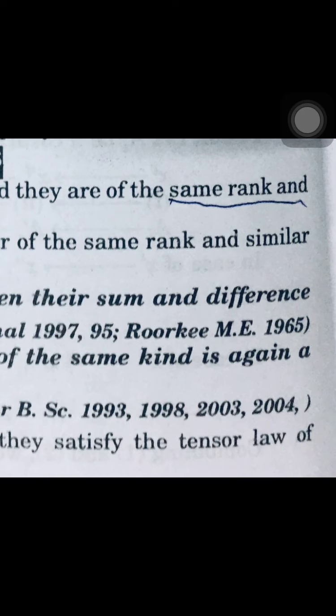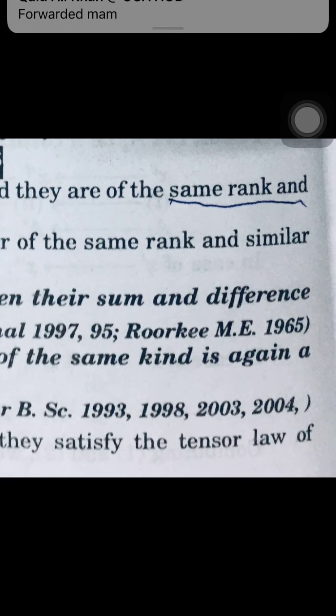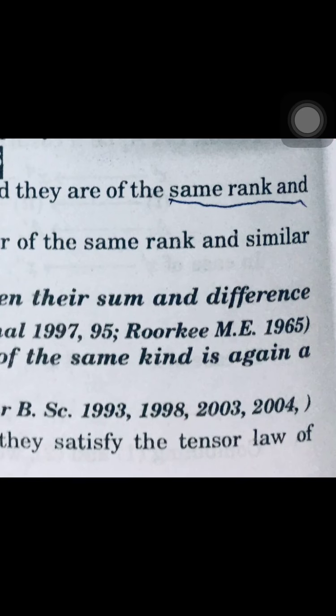As you have also seen in earlier classes with matrices, addition of matrices requires the same order of matrices, and subtraction of matrices means the same order of matrices. So in tensors also they should have the same rank. Only in the same rank case can they be added or subtracted.